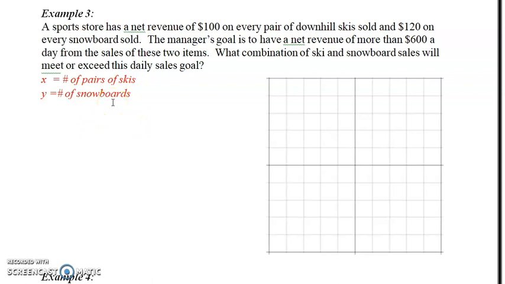We did this in grade 10 last year. This is creating a linear relation or linear equation. Now we're just going to do a linear inequality, meet or exceed, right?